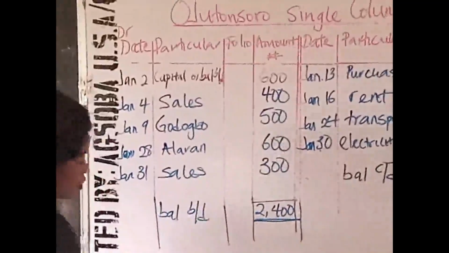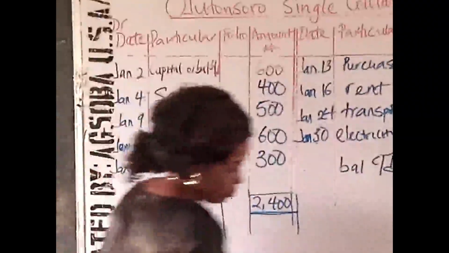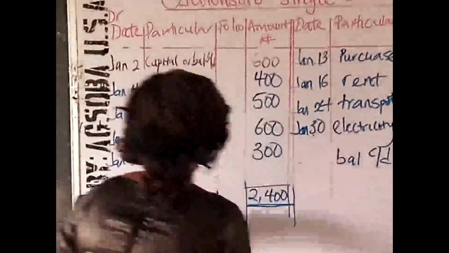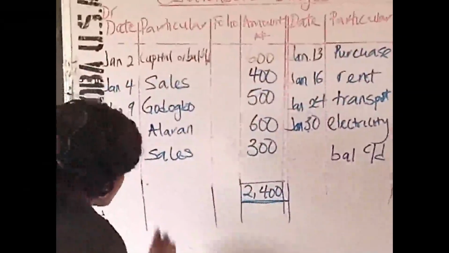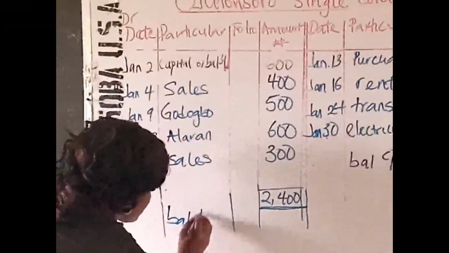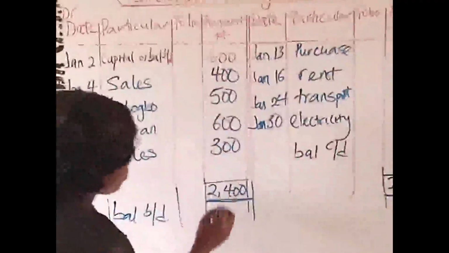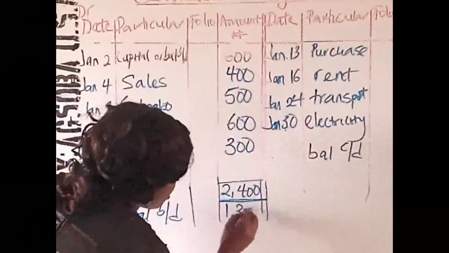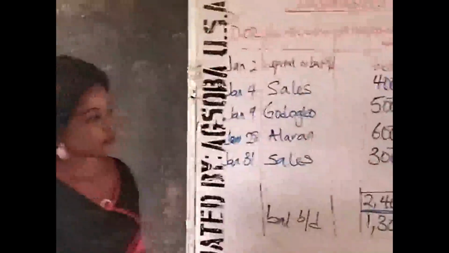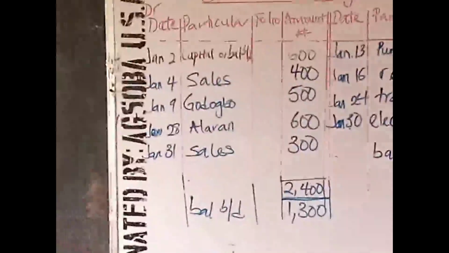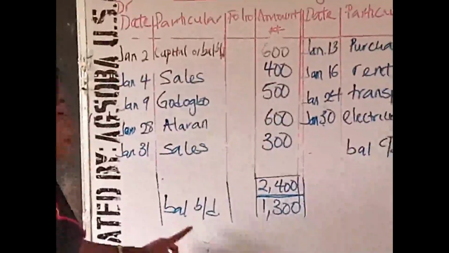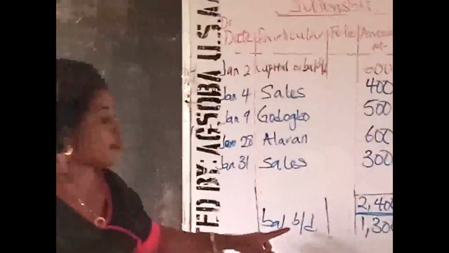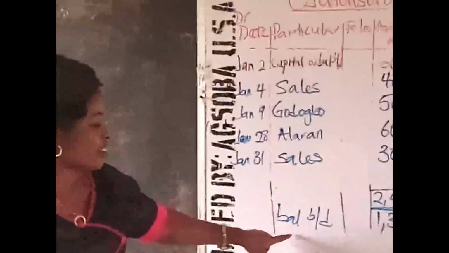It's the same figure, you are still going to write. 1,300. So that is the profit that Odutonsoro made for the month of January.